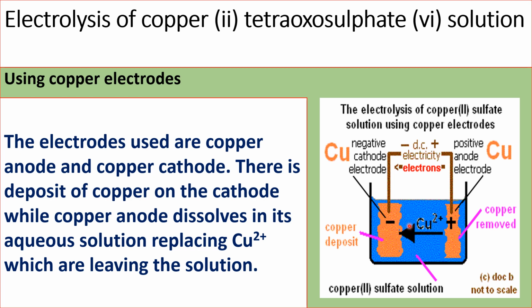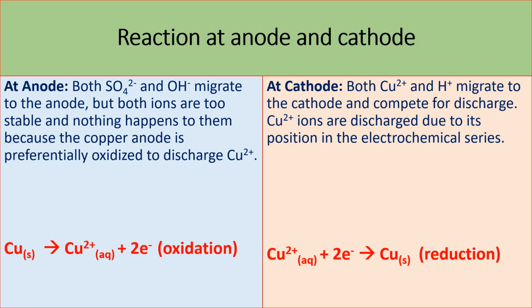At the end of the day, in this electrolysis, copper is discharged at the cathode, copper is discharged at the anode. Here is the reaction at anode and at cathode in the electrolysis of copper 2 tetraoxosulfate 6 solution using copper electrodes. Both SO42- and OH- migrate to the anode, but the two of them are too stable to be discharged because of the presence of copper in that particular electrolysis.